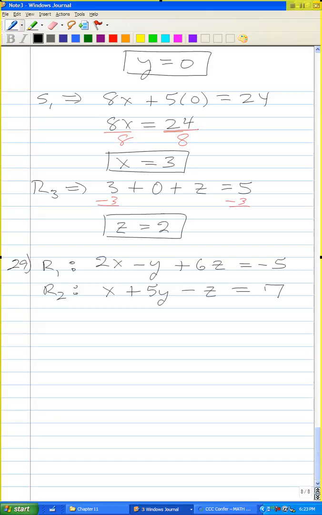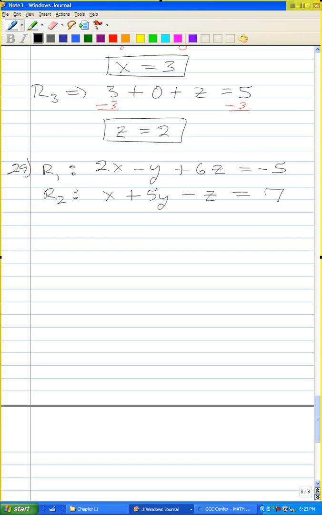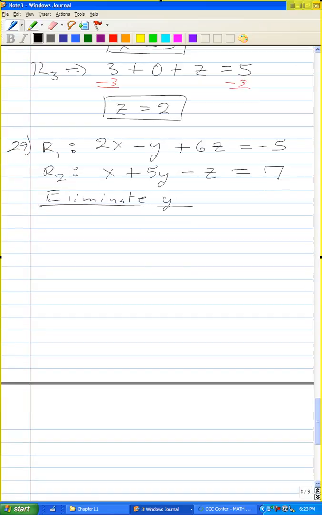So in this case, I guess I'll eliminate y. So let's multiply by 5. So I have 5 R1: 10x minus 5y plus 30z equals negative 25.